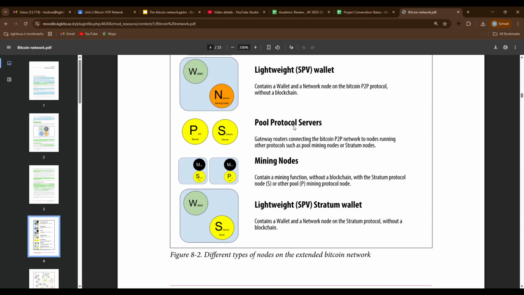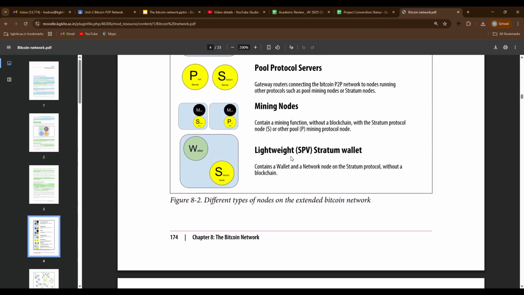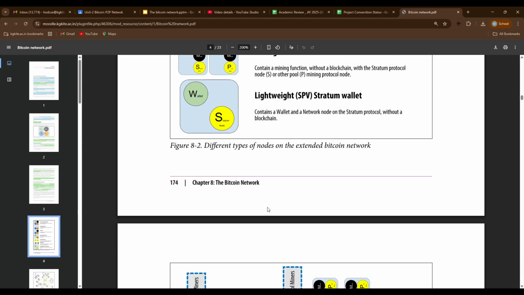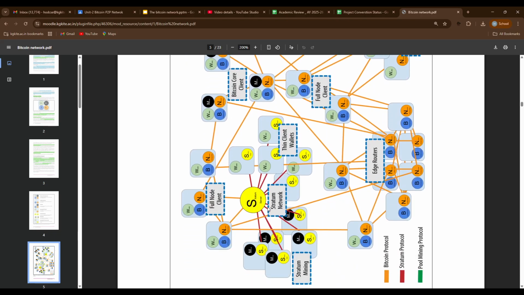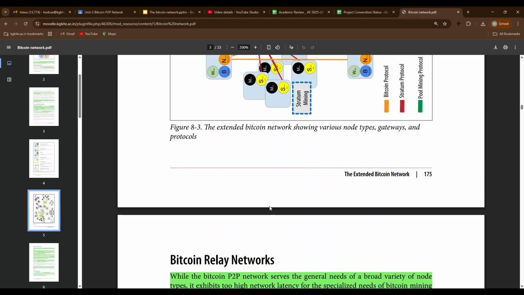Pool protocol servers, so the pool server, and this is called the Stratum server. A mining node will have either the pool server or the Stratum server. The last one is the lightweight SPV Stratum wallet: a wallet along with the Stratum protocol. So these are the different types of nodes that exist in any Bitcoin network.